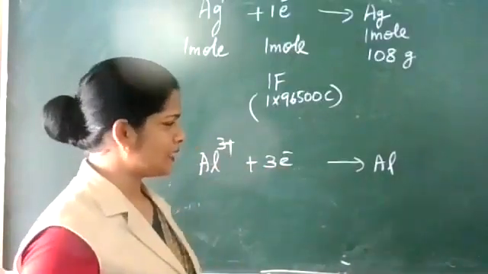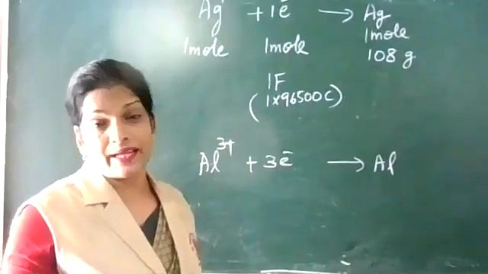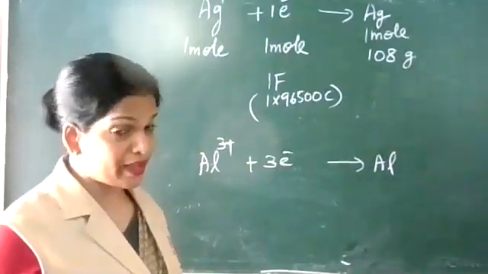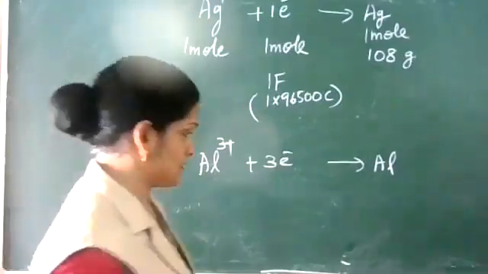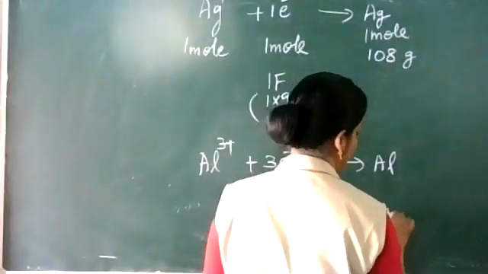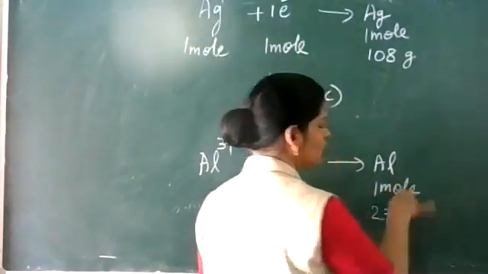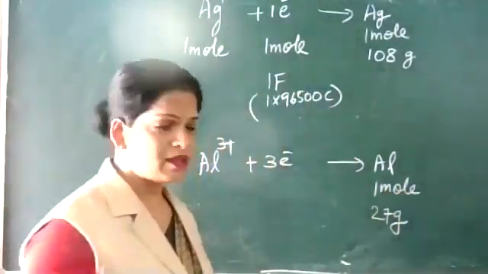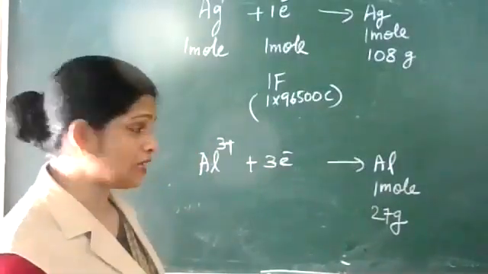So I'll get 1 atom. One atom I cannot see, I cannot handle, I cannot touch, I cannot weigh. So I am going for aluminium's molar mass, that is 27 grams. 1 mole will weigh 27 grams. 27 grams per mole is the molar mass of aluminium.